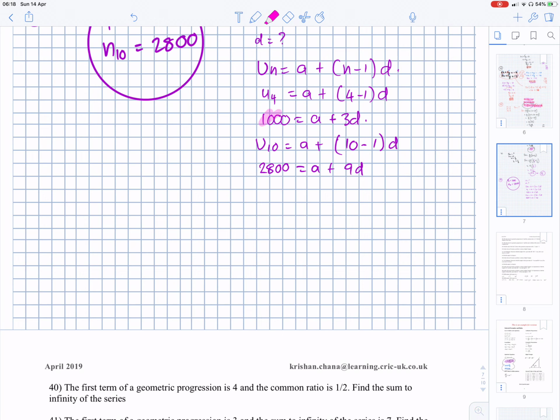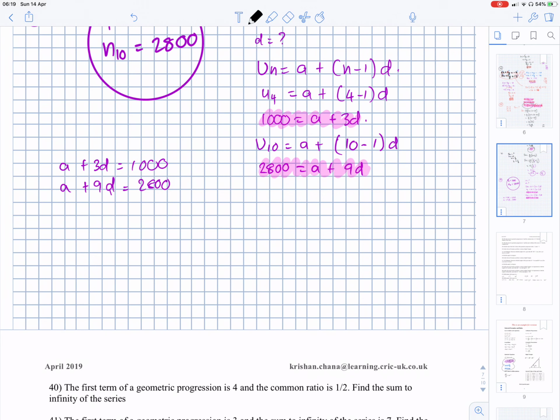So we have this equation and that equation, and we can solve these two as simultaneous equations. So we have a plus 3d equals 1000 and a plus 9d equals 2800.